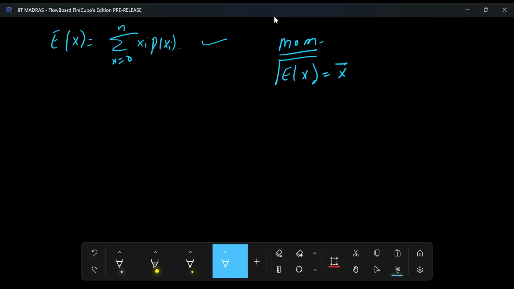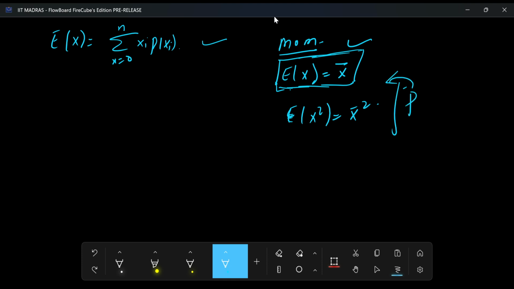And this is the MOM. And similarly, expectation of x square will be equal to x bar square. So you can find P from this, the method of moment estimator.